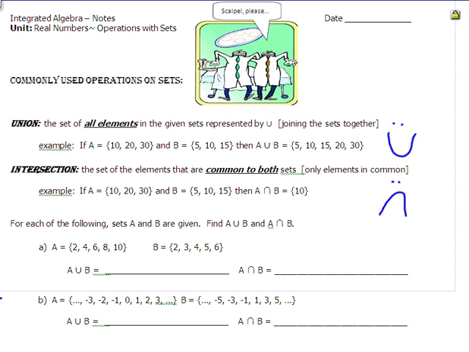So if you look, 10 is a member of both A and B. 20 is not in B, so he's out. 30, not in B, he's out. 5's not in A, and 15's not in A. So the only element that is common to both A and B would be in the intersection.